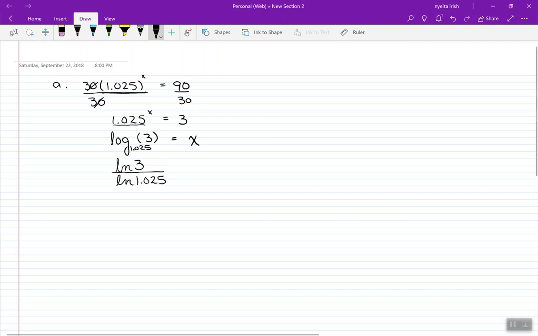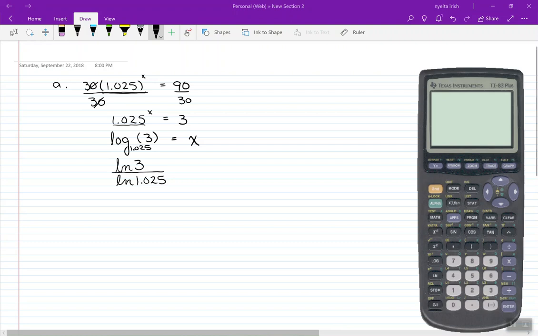And then you can go ahead and use your calculator to compute that out. If I use the natural log of 3, close out your parenthesis, divided by the natural log of 1.025, again close out your parenthesis, we come up with 44 point and a whole bunch of decimals. In this case, it says to give an exact answer, which is what we did here, and then round your decimal answer to 3 places.